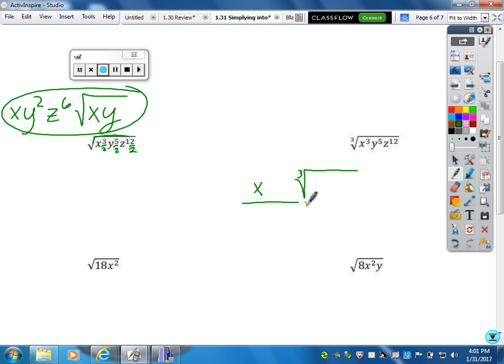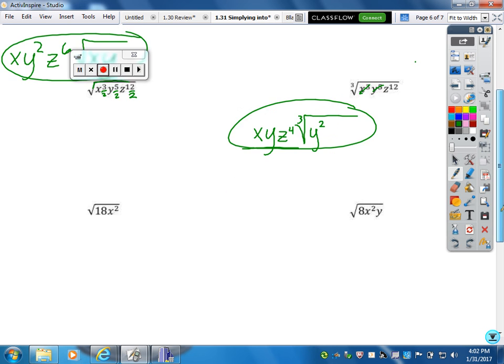For y to the 5th, I have 3 of a kind, 1 time, and then 2 left over. And for z to the 12th, how many times does 3 go into that? Well, 4 times. So z to the 4th, and that goes in evenly, so no left over. So my final answer is x, y, z to the 4th, cube root, y squared.